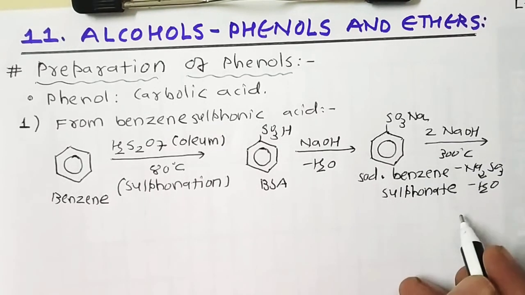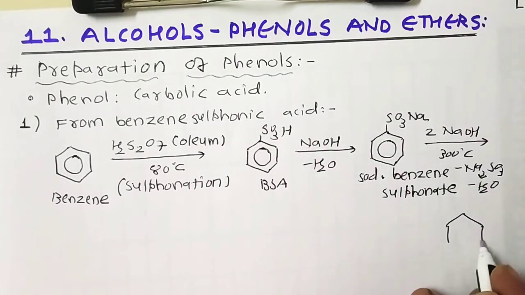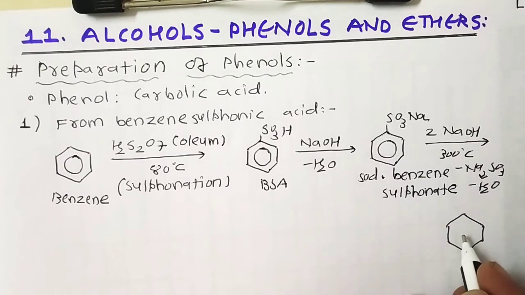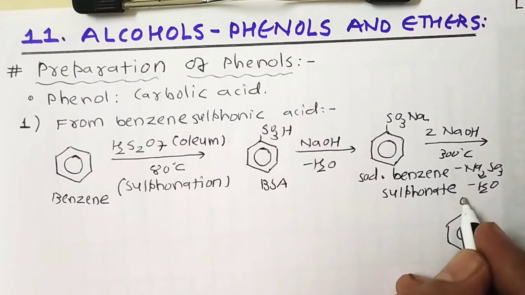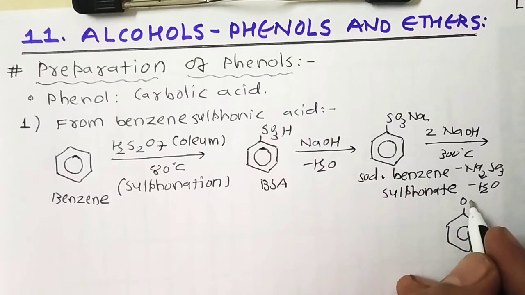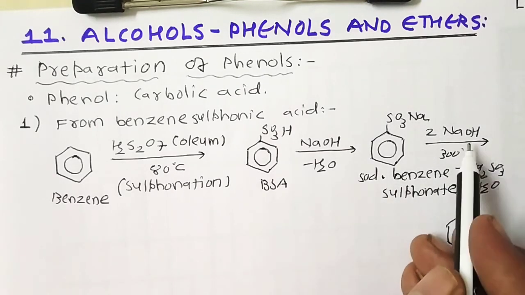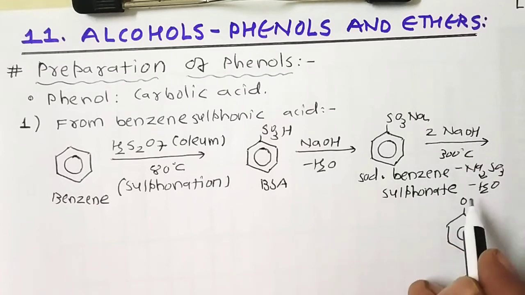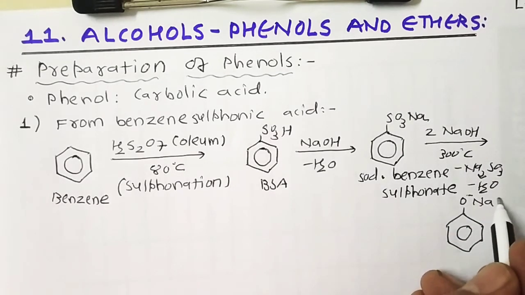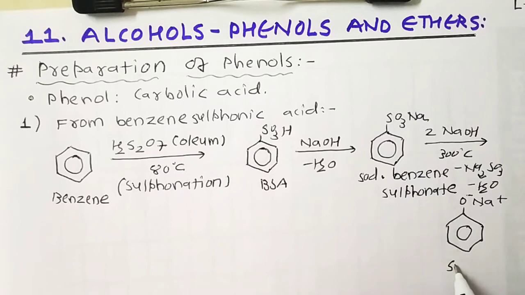When we react this sodium benzene sulfonate, first it forms phenol, OH. But this OH is also acidic in nature, so it reacts with another mole of NaOH and is converted into sodium phenoxide.